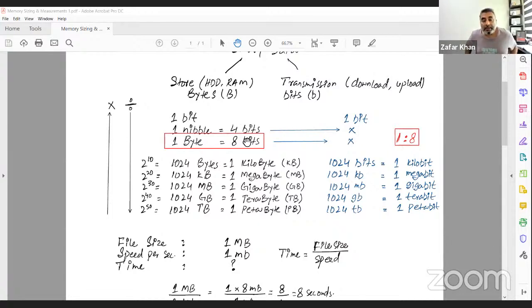Now, let's first discuss the terminologies related to bytes and for the data which is being stored. So 1 bit is the basic unit, which is either 0 or 1. 8 bits combined form a byte. And then 2 to the power 10, which means 1024 bytes, combined form a kilobyte, which is also called KB.